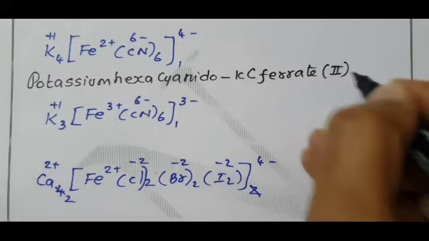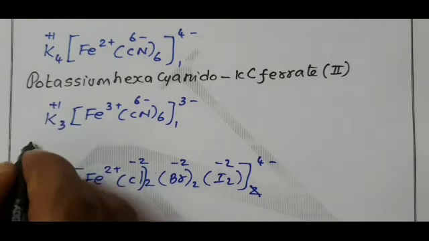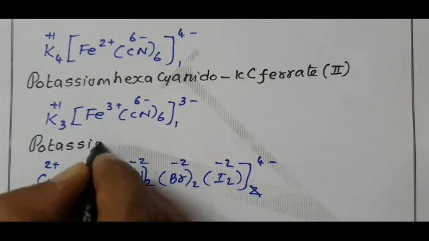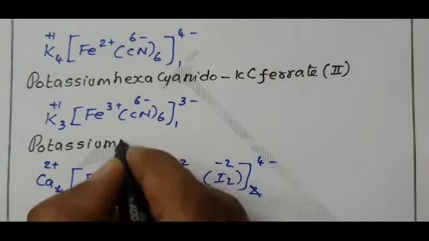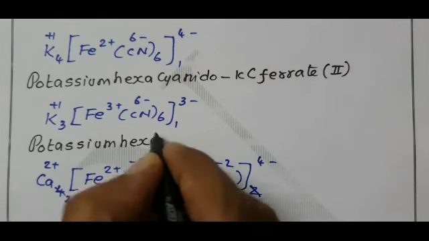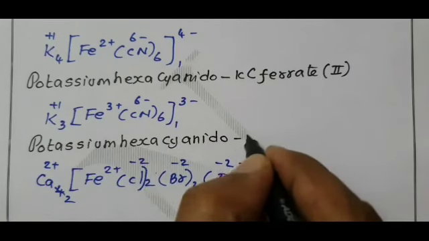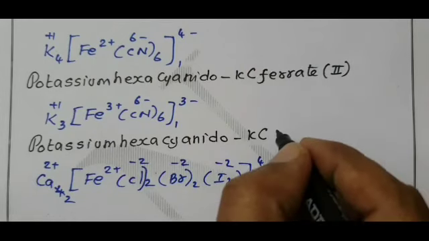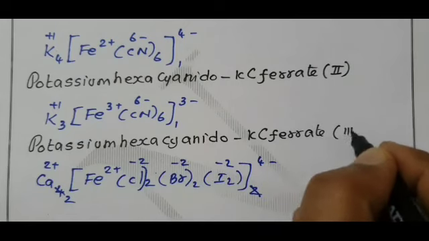Oxidation state of Fe in this complex is 2, therefore ferrate. Come to the next complex, starting with cation, potassium. Name as before, hexacyanido, ambidentate ligand, donor atom C, hexacyanido, kappa C. Ferrate, oxidation state equal to 3.